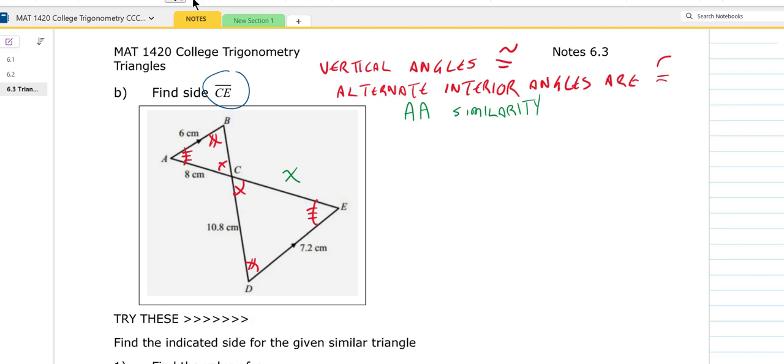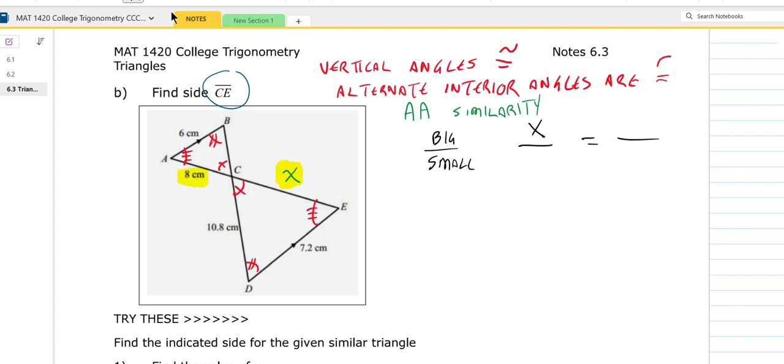So what we're going to do is let's just do the big triangle related to the smaller triangle. And again, what I like to do when I create my proportion is put my variable in the upper left-hand corner. That's unnecessary. So that side actually corresponds to this side right here.